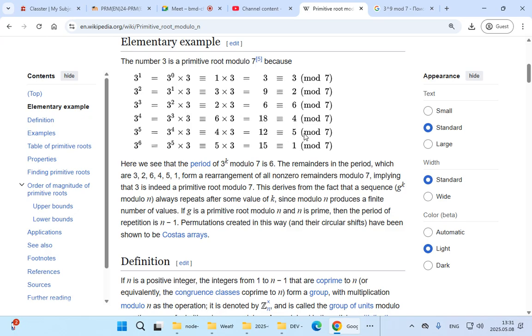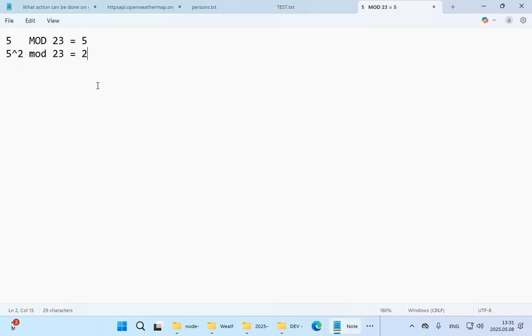Let us try to see this with 23. We have to understand the algorithm, so we need to train that. Here 5 mod 23 is 5. Now 5 to the power of 2 mod 23 is 2. Do you understand why? 5 squared is 25, and 25 mod 23: we have one whole and 2 over 23.